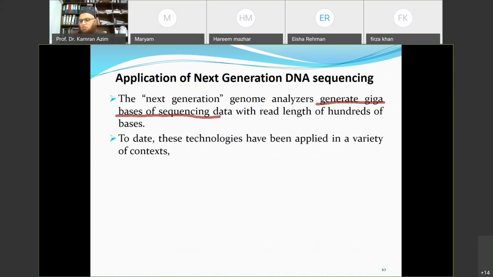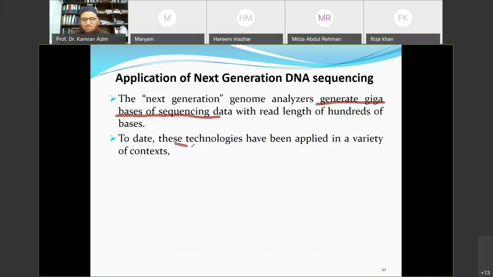Giga means 1 billion. So during one run of the next generation DNA sequencer, we can have billions of DNA sequence data in our computers so that we can analyze them.